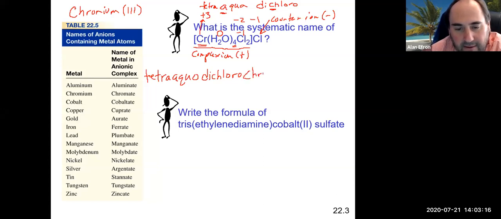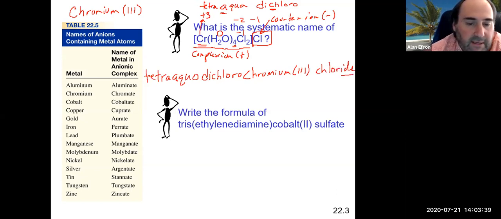Chromium, as the metal, comes at the end of the complex ion part. 3. And if that wasn't enough of a name, we still have our counter ion left to name. And we name it just like we talked about before. It is an anion, which means it gets IDE at the end of it. So that would be chloride, IDE. So that's tetraaquodichlorochromium(III) chloride.